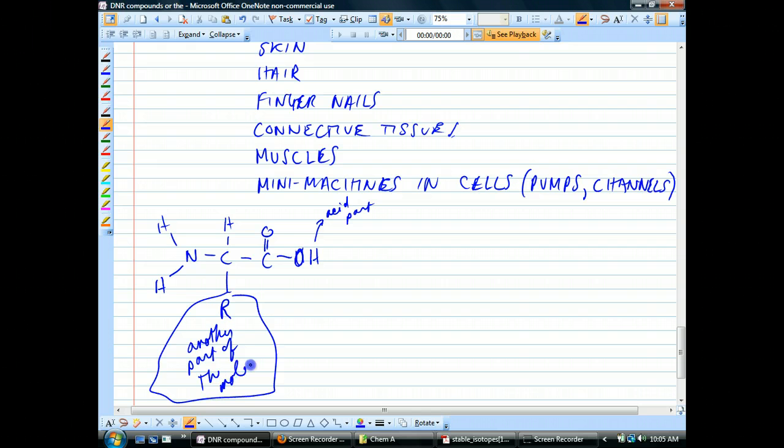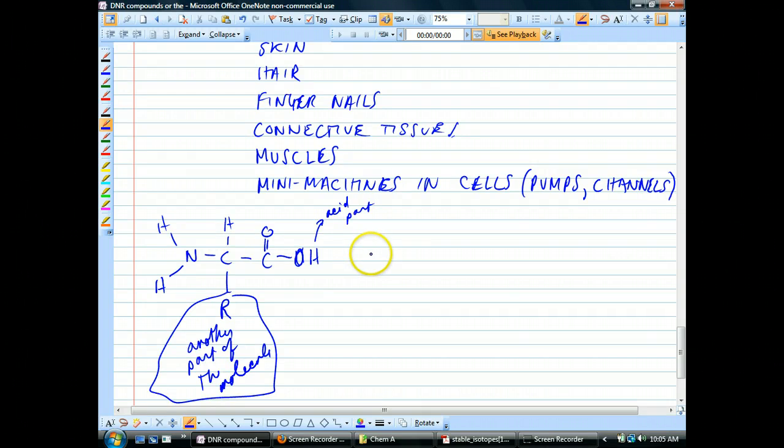And this is the part that varies from amino acid to amino acid. So different amino acids will have different R parts, and that's what makes them different. In fact, there's 20 different ones, right? 20 essential ones. And whatever those R parts are is going to determine how the amino acid works, how attractive it is, how repulsive it is, whether it's attracted to water or repelled by water, whether it's got a charge or not, that sort of thing.